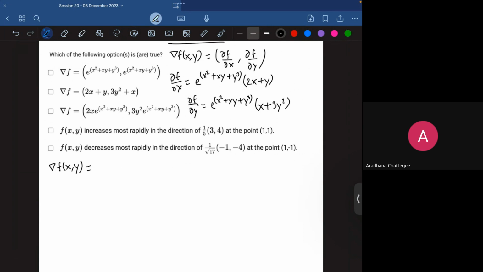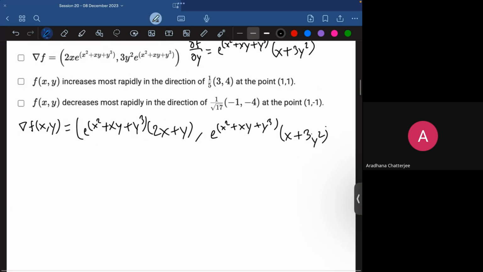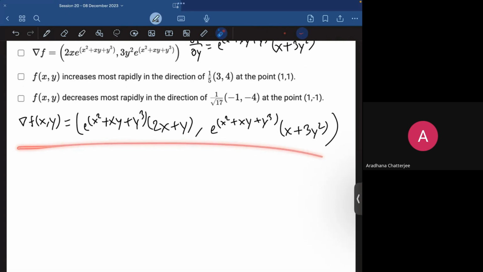So the first value is e raised to x square plus xy plus y cube times 2x plus y, and the second element is e raised to x square plus xy plus y cube, multiplied by this x plus 3y square.